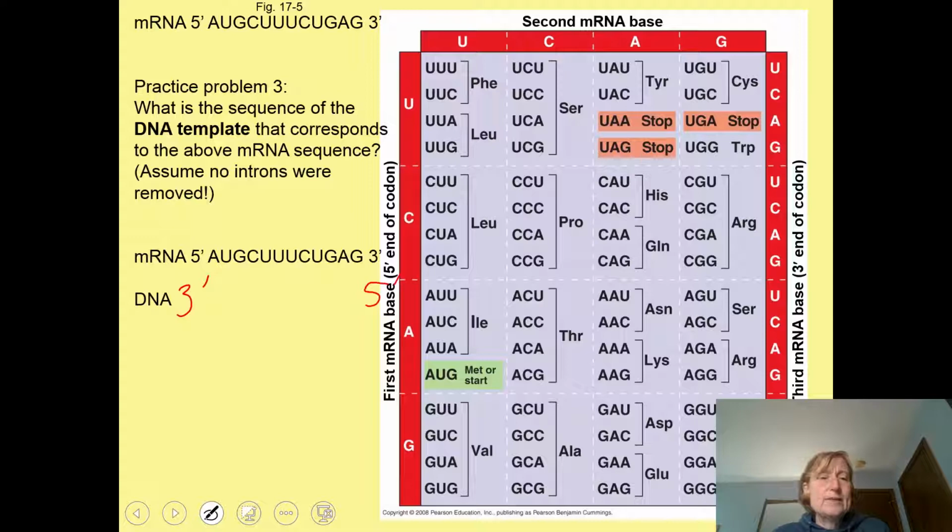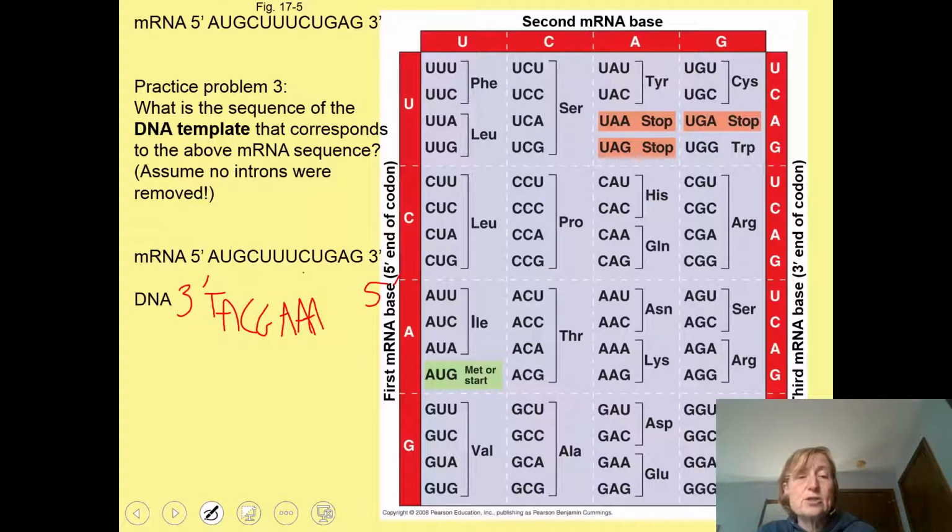And then if mRNA has a U, the template DNA molecule must have an A. A pairs with T. U is like a T, so it pairs with A. G pairs with C. C pairs with G. U pairs with A. Now we're going to get a bunch of A's here. 3 A's in a row.